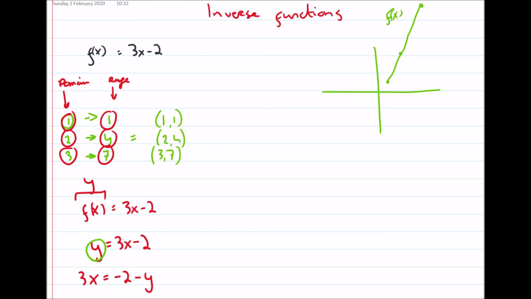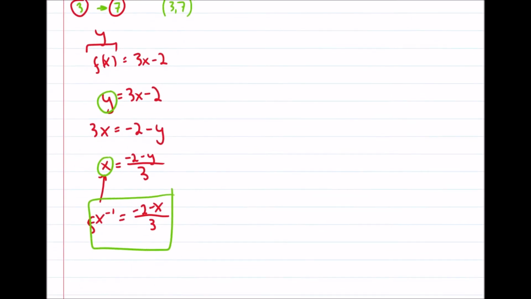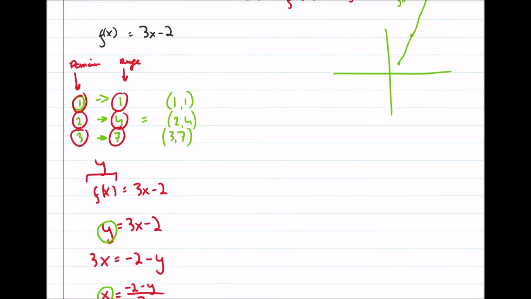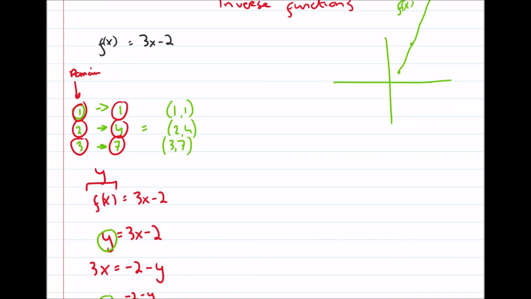However, in the inverse function, if I put in these numbers as the domain, it'll actually spit me out these numbers as the range. Okay, so it's just kind of undoing what was done really to the number.